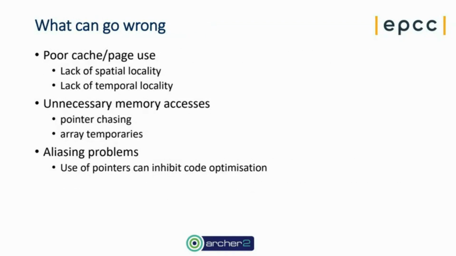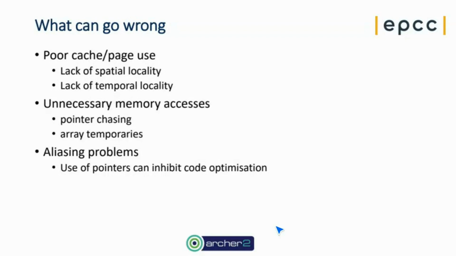So in general, what sort of things can go wrong? You either get poor cache or possibly page use, so either lack of spatial locality or lack of temporal locality. We can have unnecessary memory accesses, maybe through pointer chasing or temporary arrays.